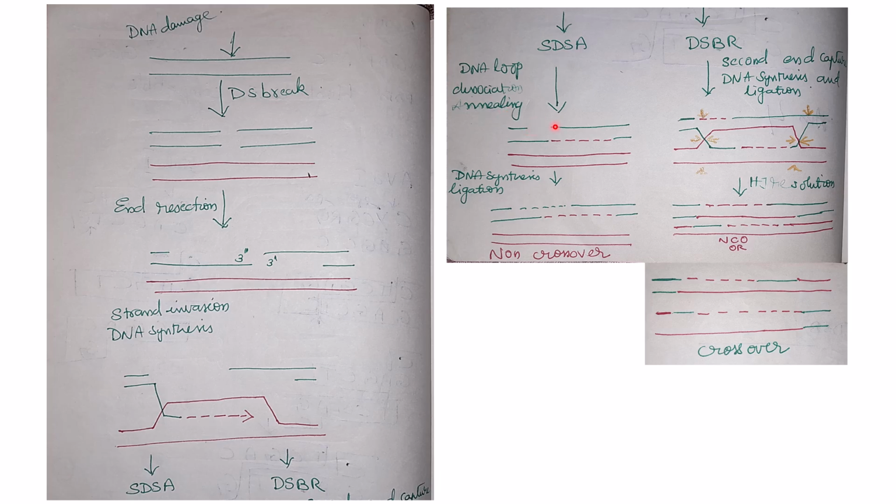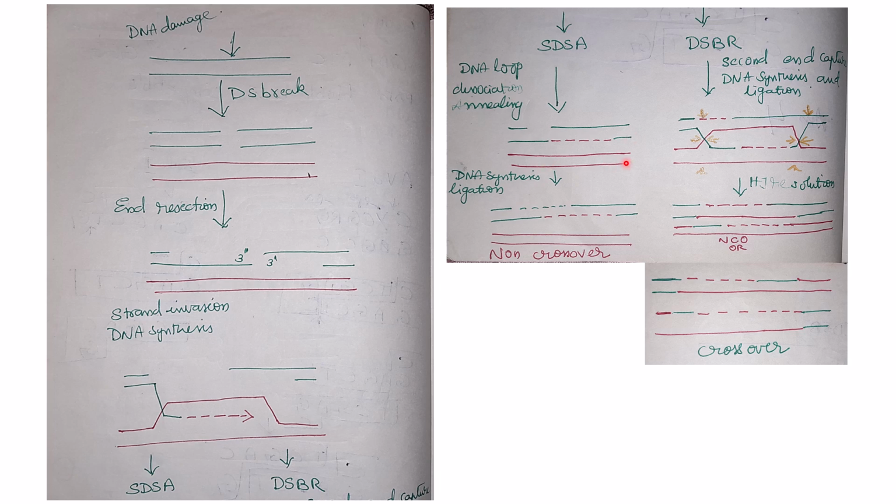This is the single strand break after repairing the second strand of the DNA. This region has not been repaired; it will also follow the same technique. Here it will be annealed to the overhang at the other side of the double strand break.